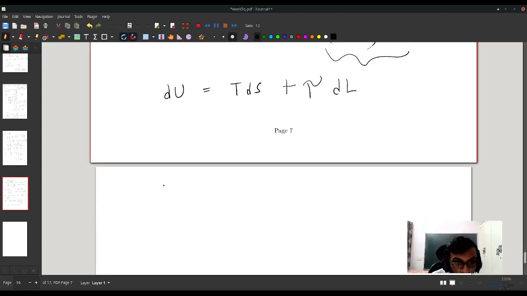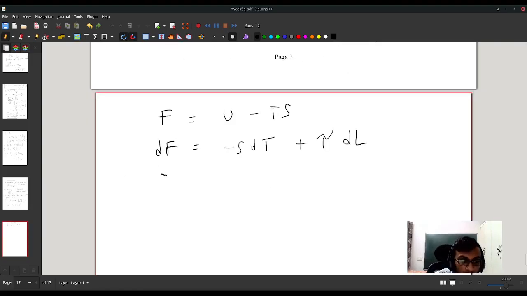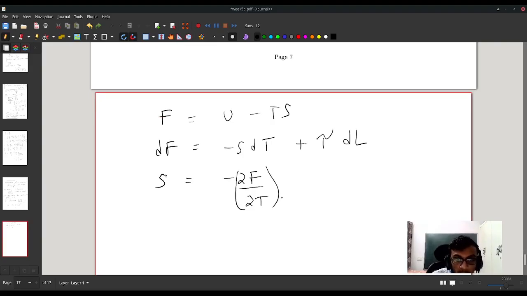And then we can define the free energy F as U minus TS. So dF would be minus S dT plus 𝒯 dL. All right, so S is minus ∂F/∂T at constant length, and tension is ∂F/∂L at constant temperature.